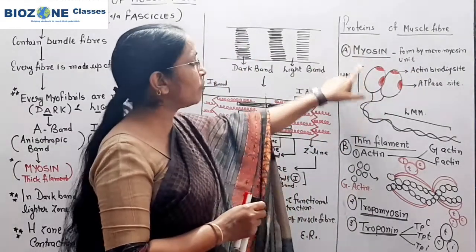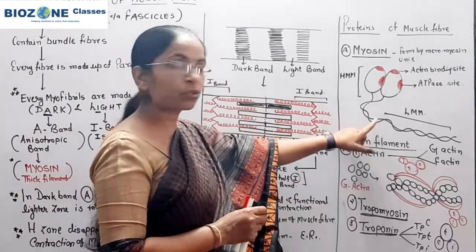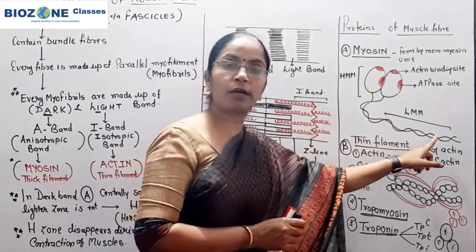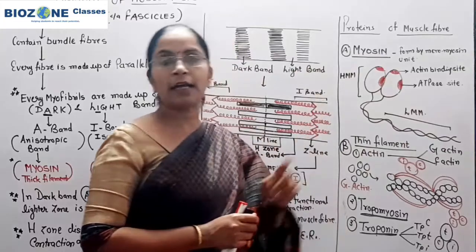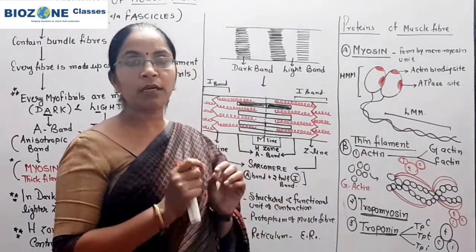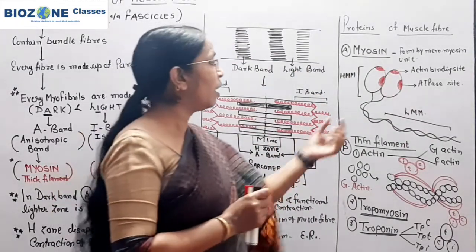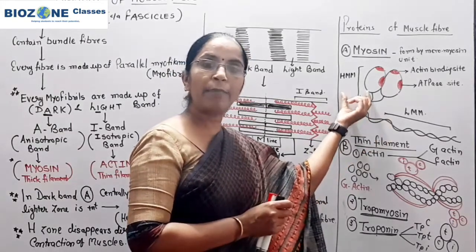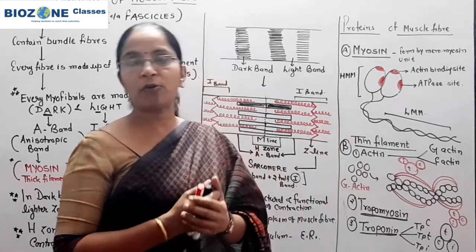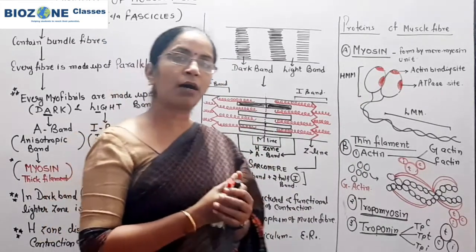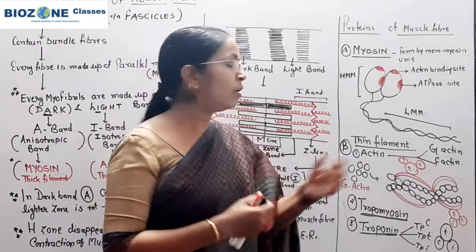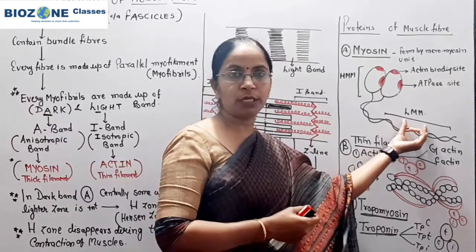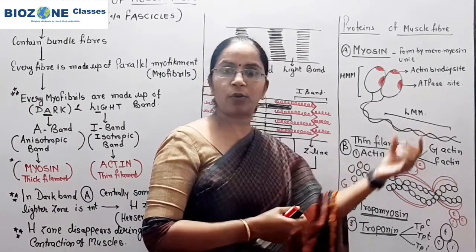Now, when we come towards the structure, this is the single monomer. It is not an entire myosin. This is a single meromyosin unit, and this meromyosin is made up of two parts. The head part forms the heavy meromyosin, and the cross arm and tail, mainly the tail, forms the light meromyosin. The tail, as usual, is made up of hydrocarbon.